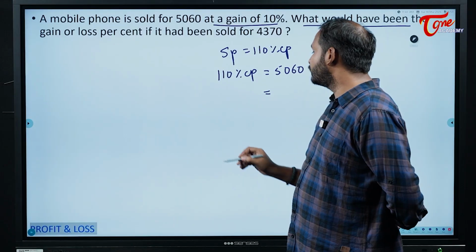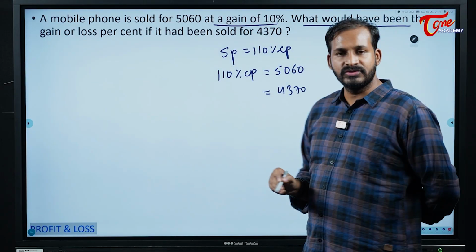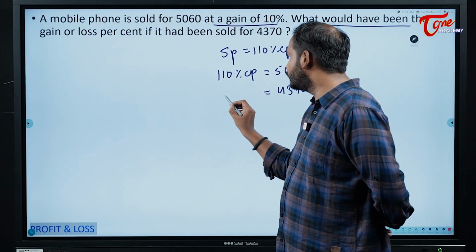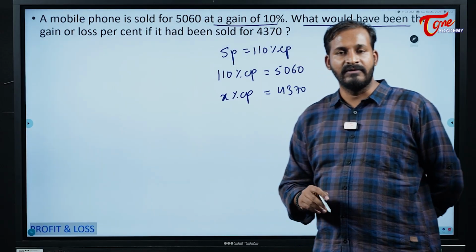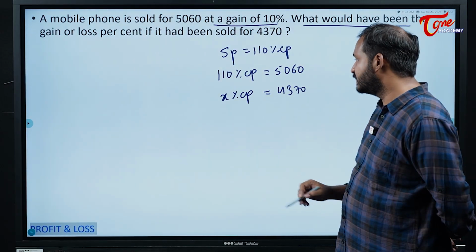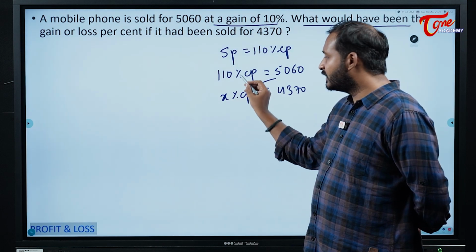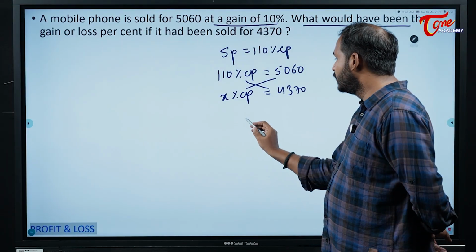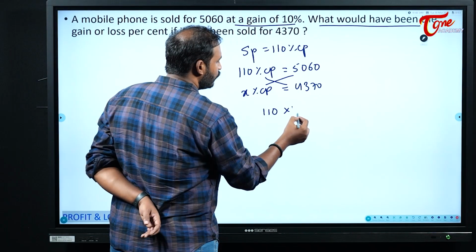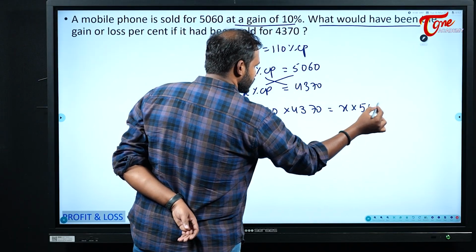When I sell it for 4370, I will assume it is some X percentage of CP. Now please cross multiply. No need to write the percentage, since both are percentages it will get cancelled. Directly you can write 110 into 4370 is equal to X into 5060.